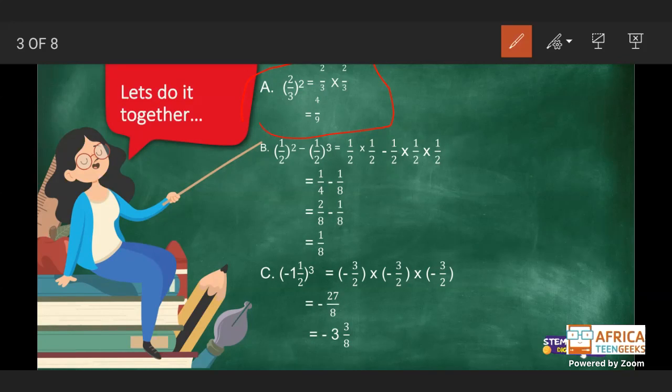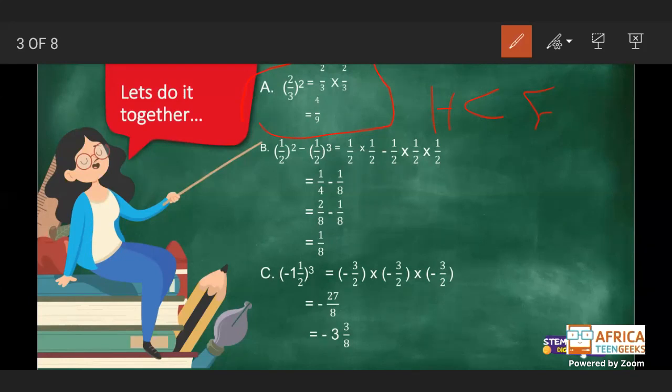Simplify meaning that you must get your highest common factor. You still remember, right? But in this case, we can't simplify 2 and 3, and we cannot simplify another 2 and 3, right? So we'll multiply it the traditional way.